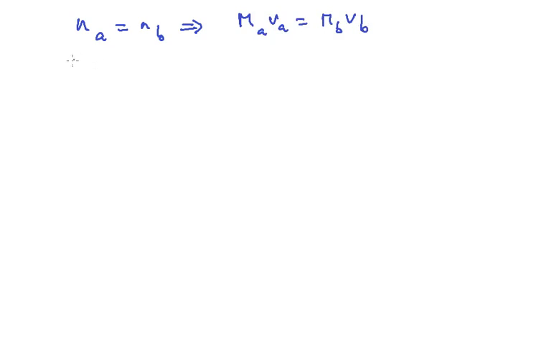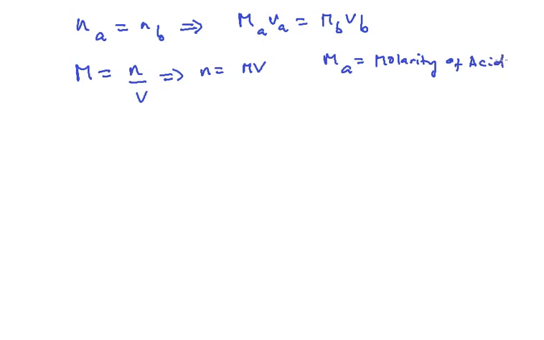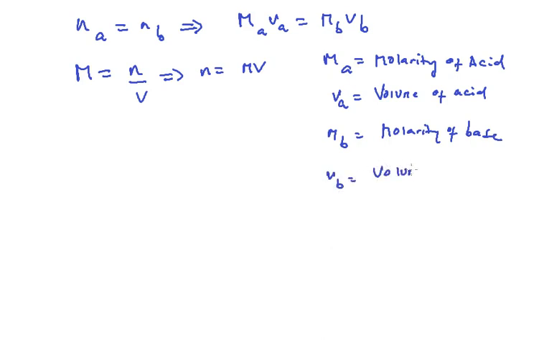As you know, molarity is number of moles over volume of solution, so N equals M times V. Now when I say MA, MA refers to the molarity of the acid, VA refers to volume of the acid, MB refers to molarity of the base, and VB refers to volume of the base.